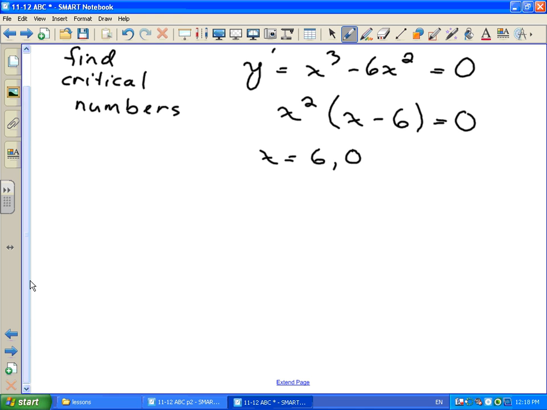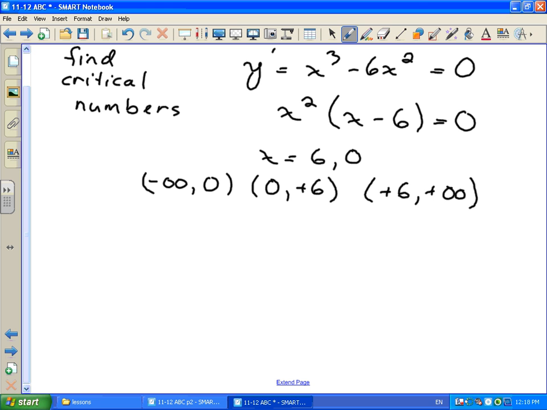So what are my intervals going to be here? Wait, you don't have a domain, right? Yeah. Okay, good. And as Nick said, we don't have a restriction on our domain, so we don't have to check the endpoints for absolute maximum or minimum.